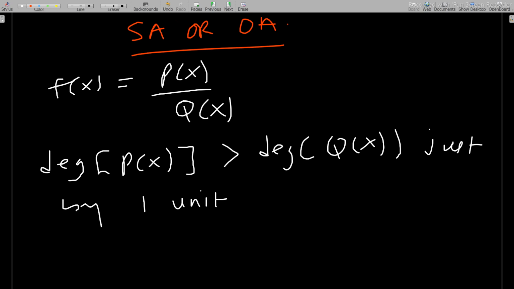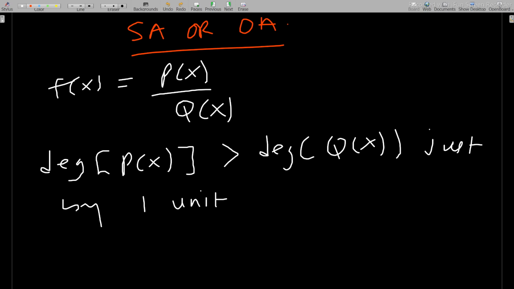Meaning that you can have the degree of p of x to be 2, and then the degree of q of x to be 1. This is greater than this by 1 unit. Or you can have 4 and 3. So once you have that condition, that the degree of p of x is greater than that of q of x just by 1, you have a slant asymptote.